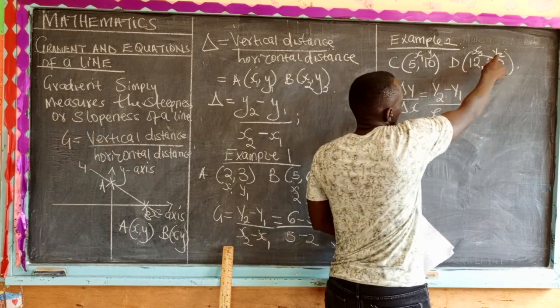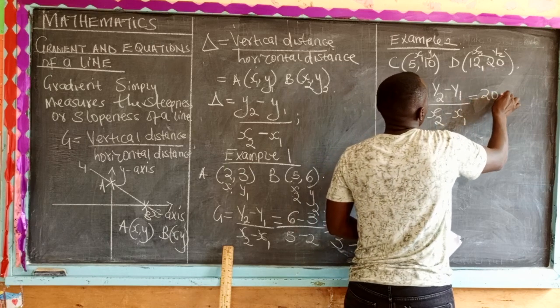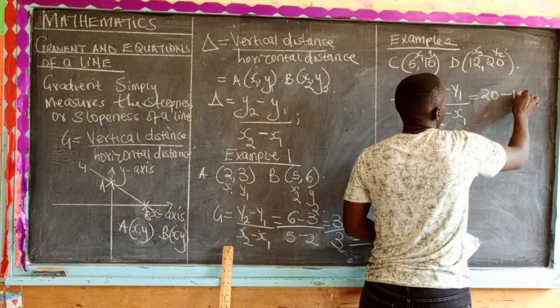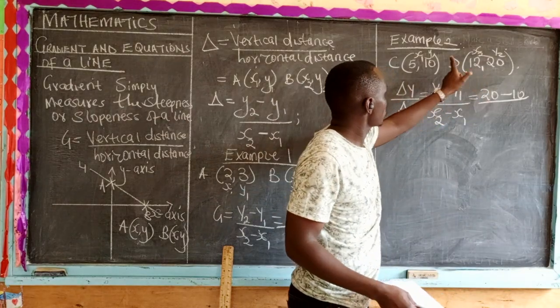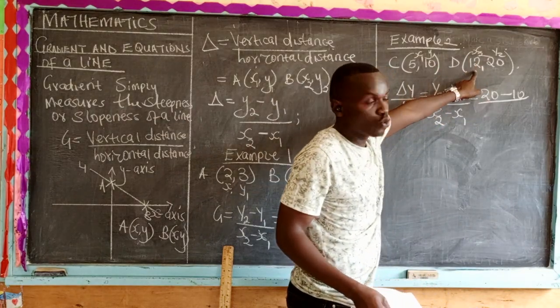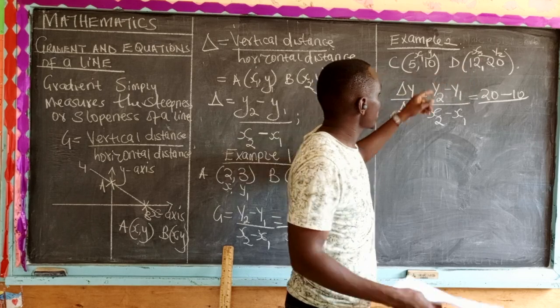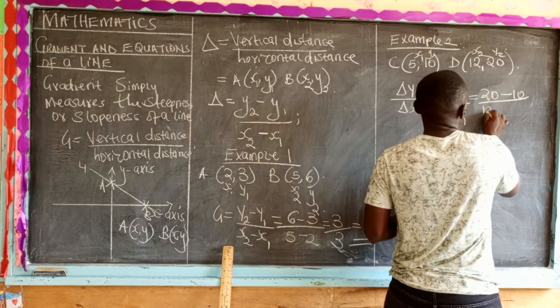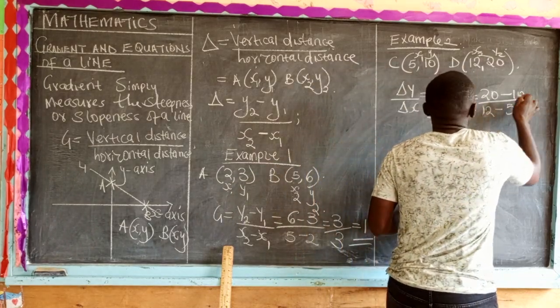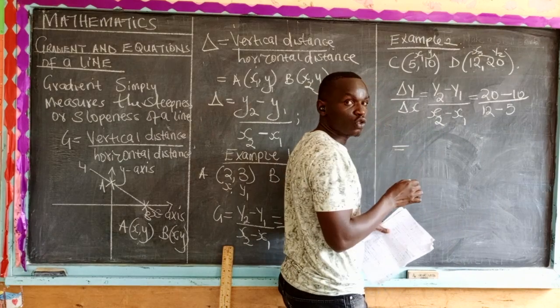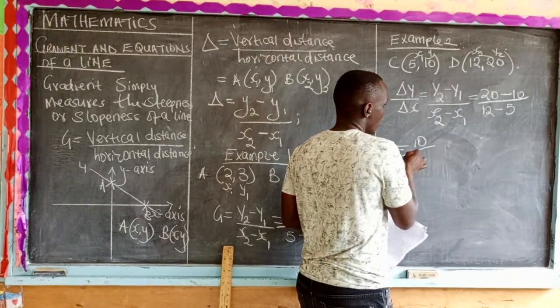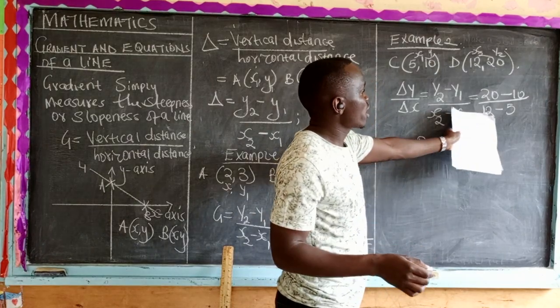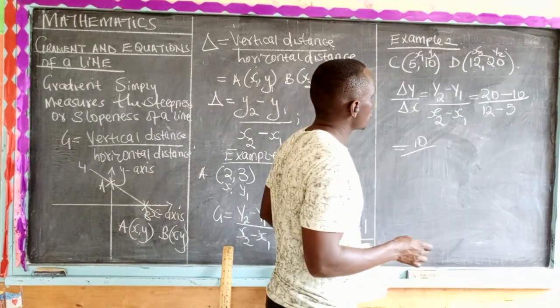So y2 is 20, we are going to have 20 minus y1, which is 10, all over x2, which is 12, minus 5. So we are going to have 20 minus 10, which is 10, all over 12 minus 5, which is going to give us what?